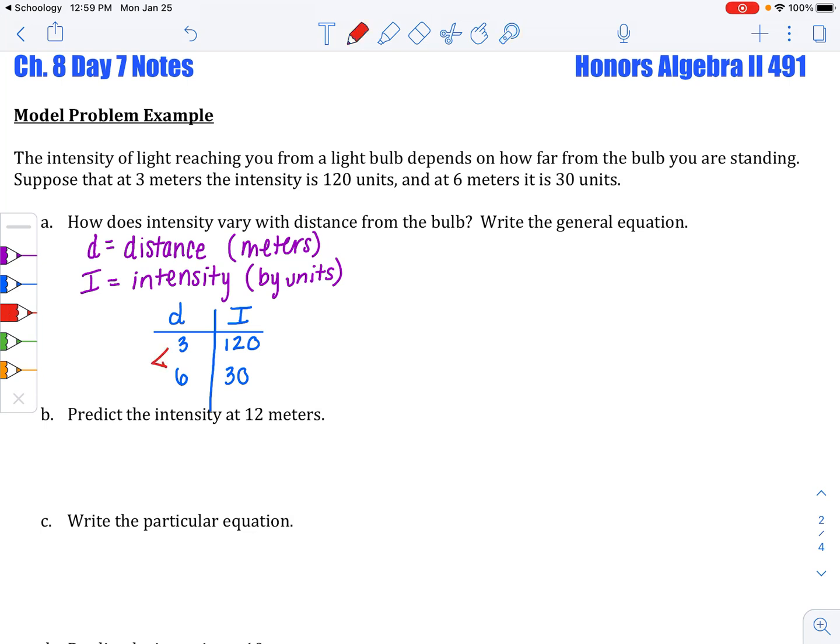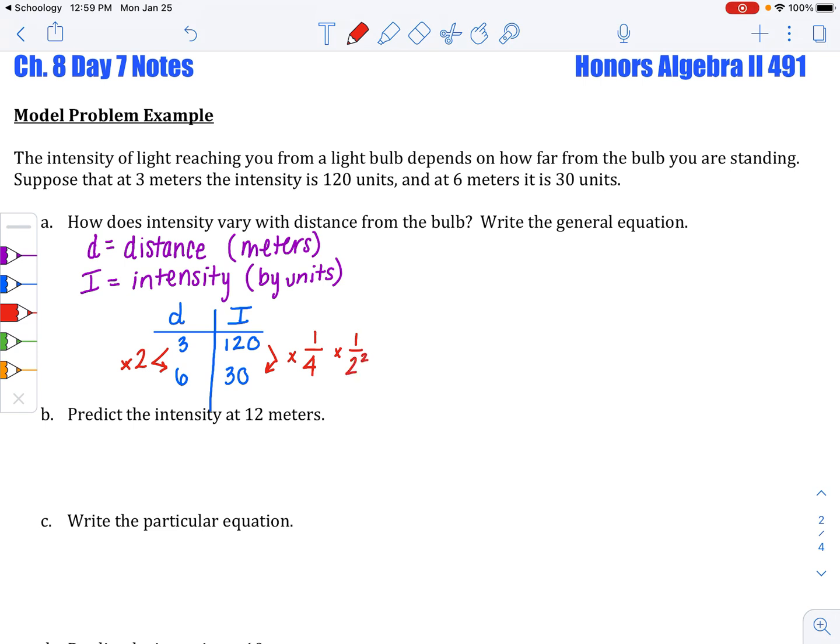So I notice from my first point to my second, I'm going to multiply by 2. From my first point to get to 30, so 120 to 30, you're going to be multiplying, because it's multiply, by 1 over 4, or divide by 4, which really is 1 over 2 squared.